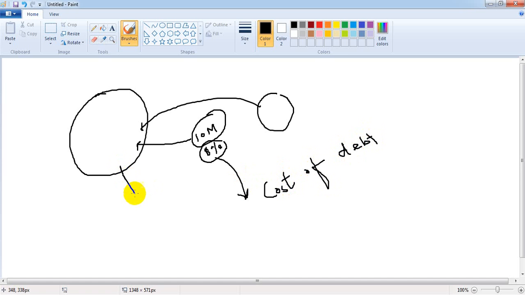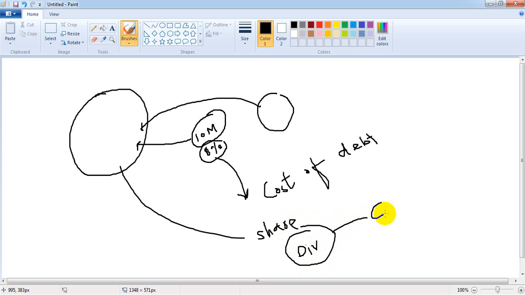Similarly, if you issued shares, you're also paying dividend to the shareholders. So that dividend is basically the cost of equity.